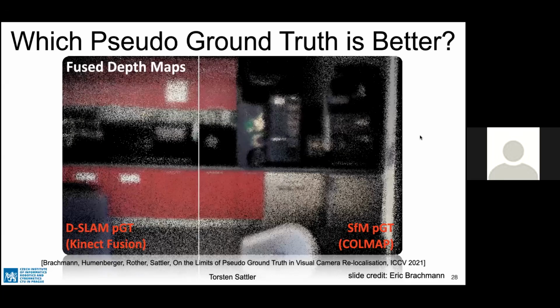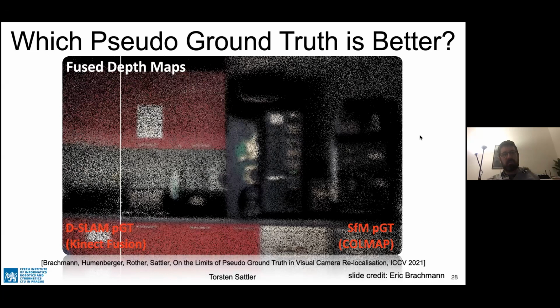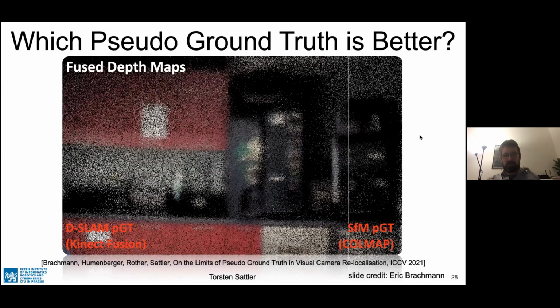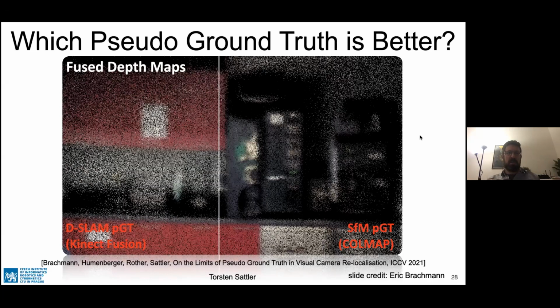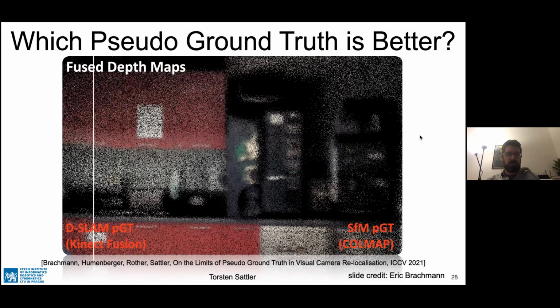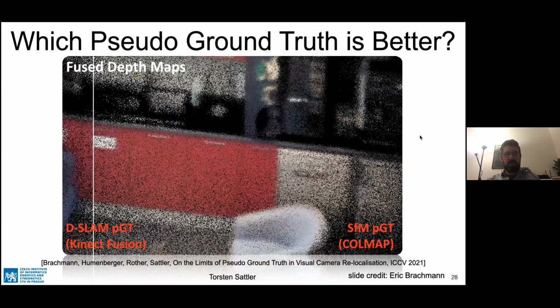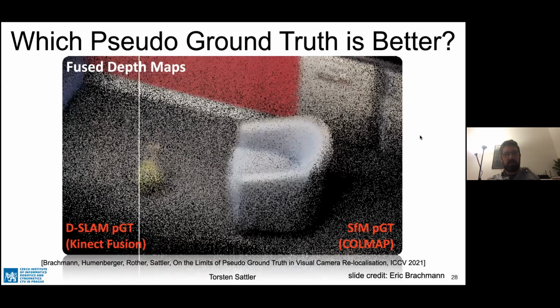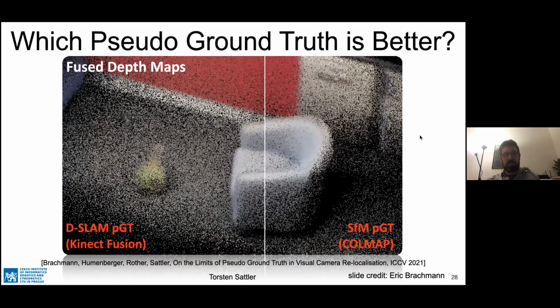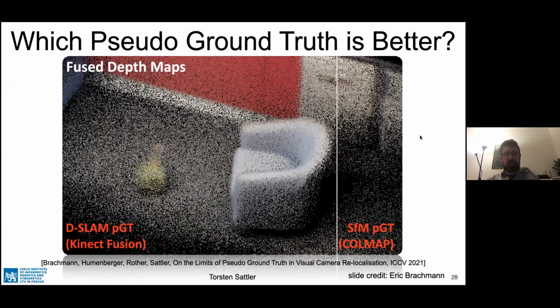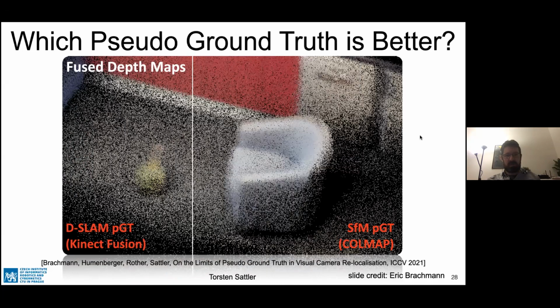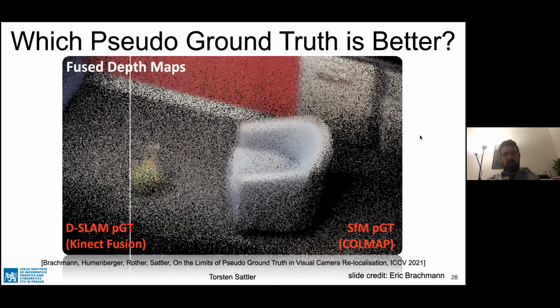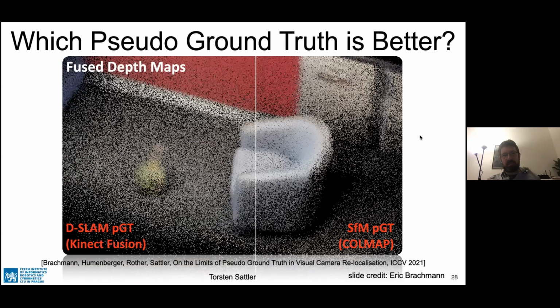It's not as bent and gives you more details on objects that are far away, because this is the part of the scene that was mostly used to generate the poses. But also if you look at the foreground and more detailed objects, then you see that the depth-based SLAM system gives you a more clear reconstruction. And this is something that we consistently observed.